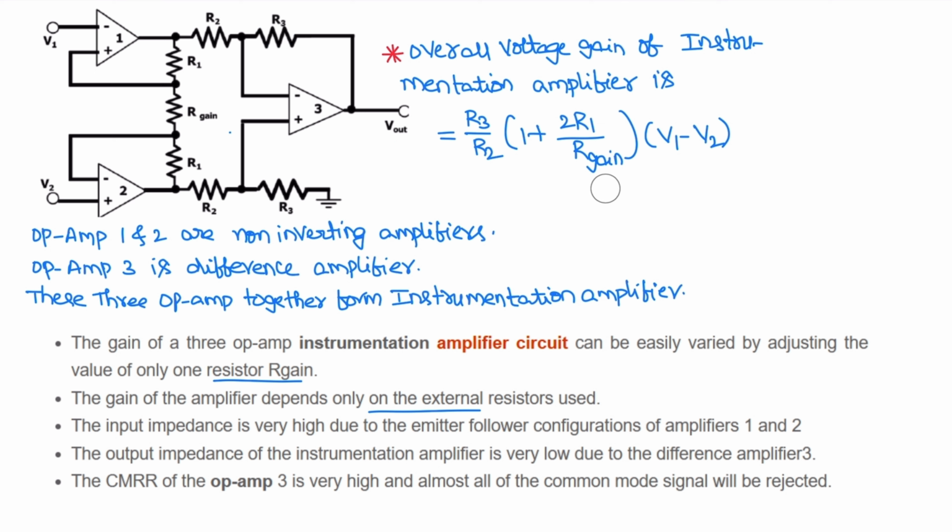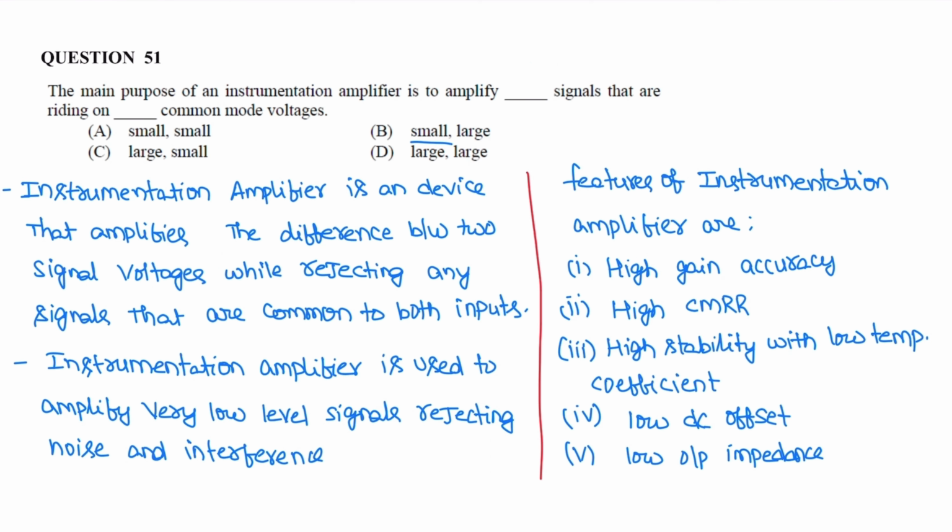Similarly, an instrumentation amplifier should have high gain accuracy, high common mode rejection ratio, high stability with low temperature coefficient, low DC offset, and low output impedance. These are the features of an instrumentation amplifier. It is used to amplify very low level signals, rejecting noise and interference. So the correct option is B.